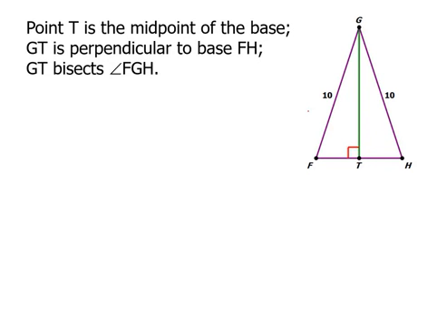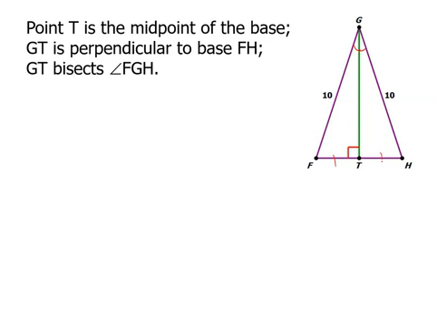That means that GT is perpendicular to the base at T, and it means that GT bisects the angle at G. And so we know that we get equal angles up here. We know that these two segments are equal. We know that all of these qualities are true all at once because it's an isosceles triangle.